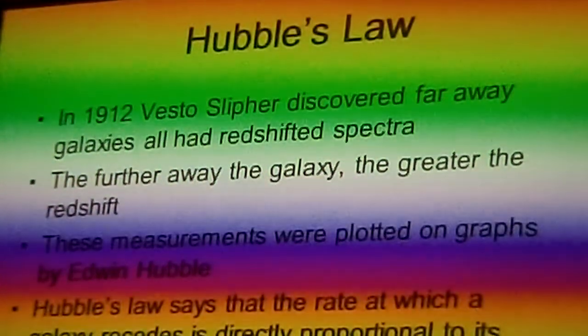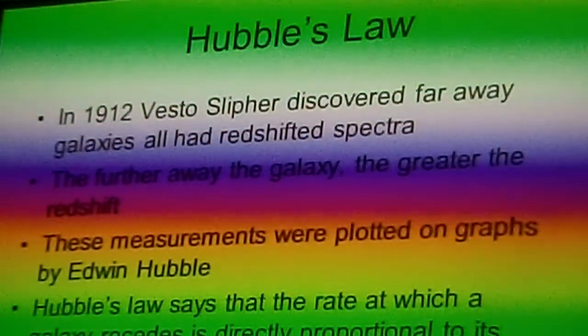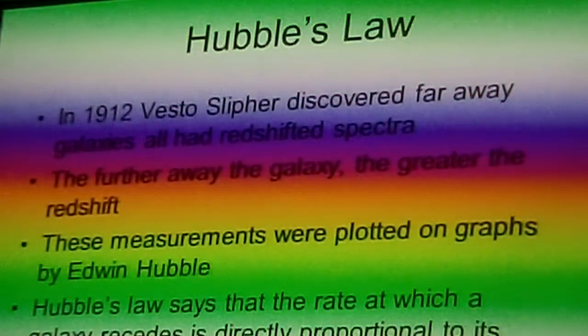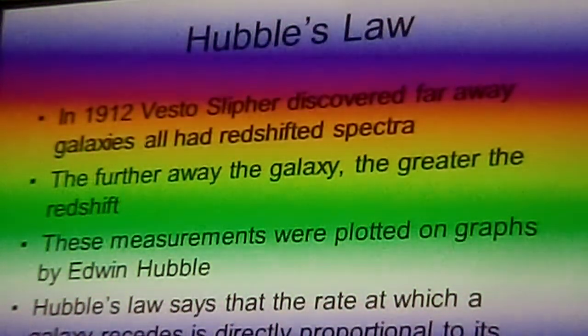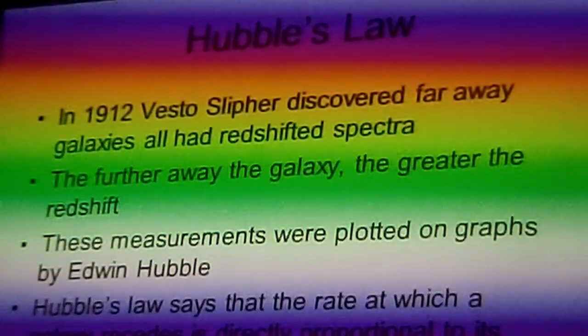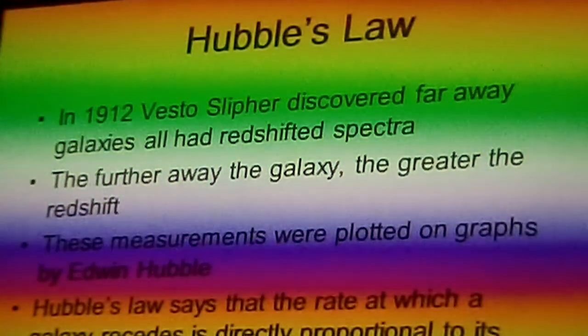And that means you can't see the object that's that far away, because its light will never reach you. The expansion of the universe can actually happen at faster than the speed of light. Wait, won't it still reach you? It will not.